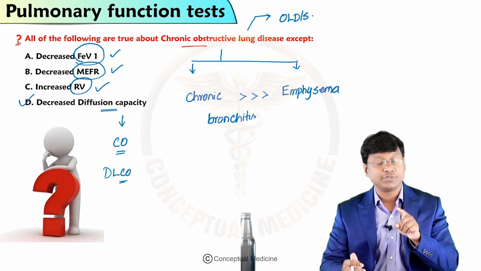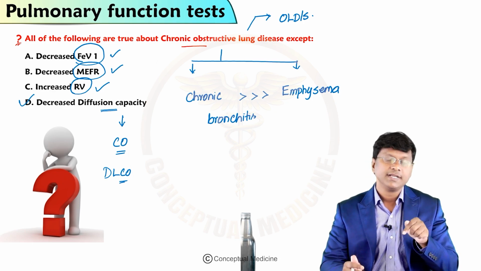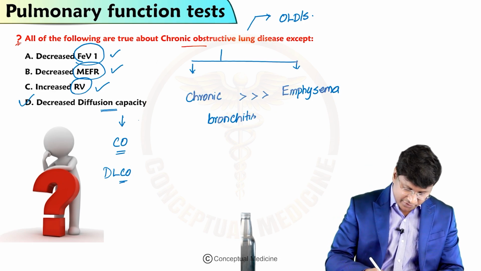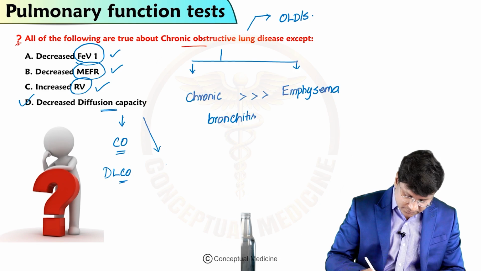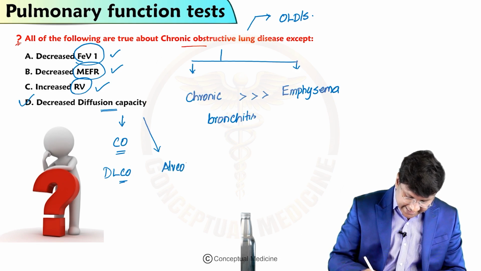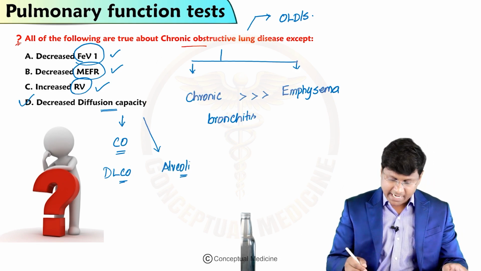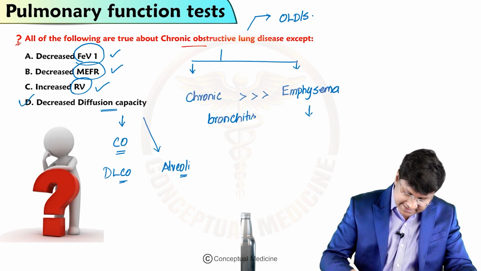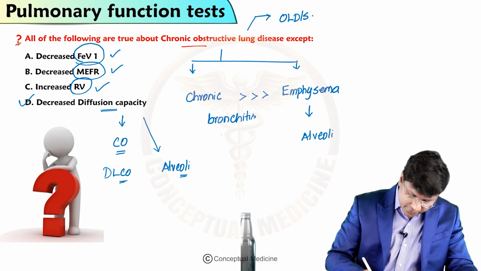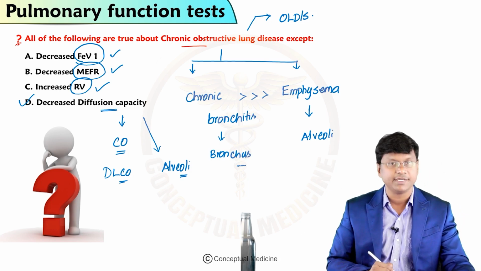So where should be the site of pathology for the decreased diffusion capacity? The site of pathology should be at the level of the alveoli. Out of these two, emphysema is the disorder where the site of pathology is at the level of the alveoli, whereas in chronic bronchitis, the site of pathology is at the level of the bronchus in the respiratory tree.